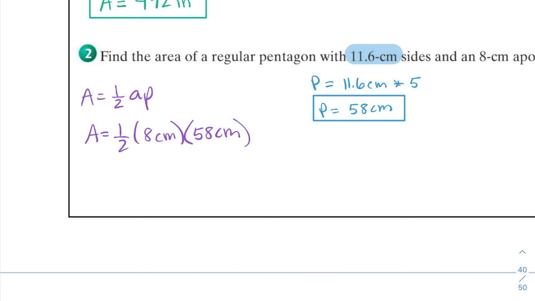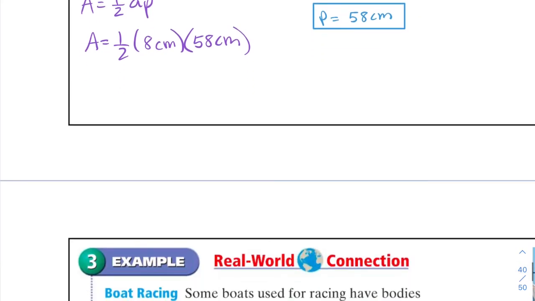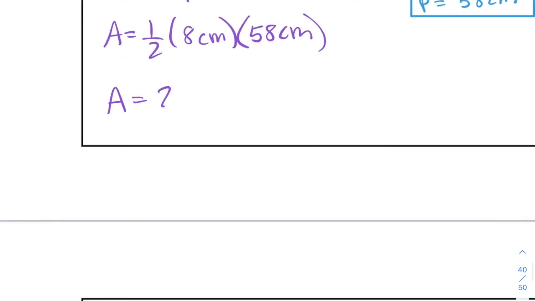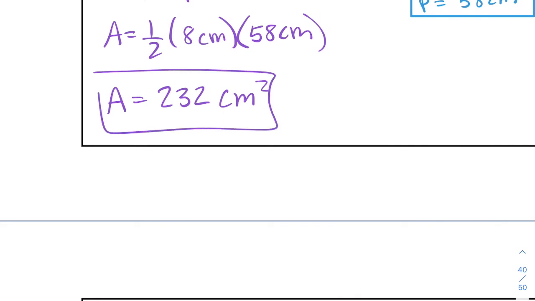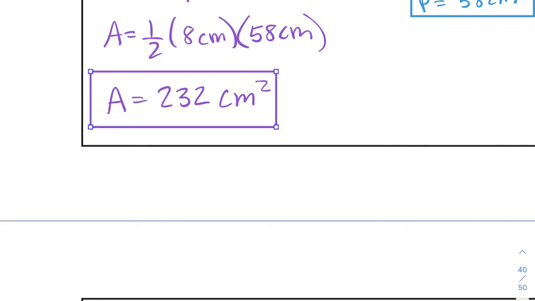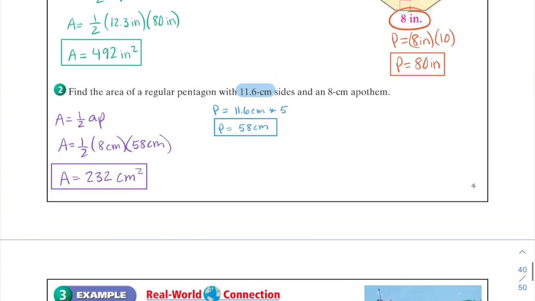So 8 times 58 times 0.5. So we get area equals 232 centimeters squared. And we're done.